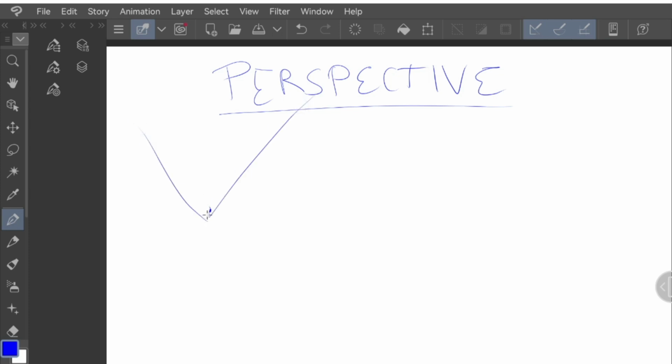So usually it goes somewhere like this, and just by having this one vanishing point alone, you can already create a character that's different in pose, different in perspective, and sometimes even dynamic.